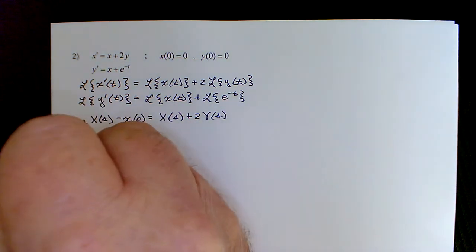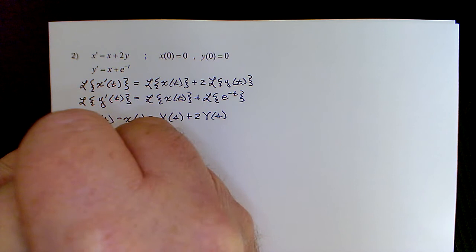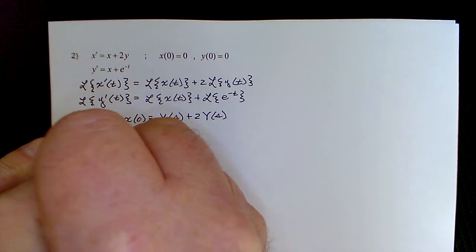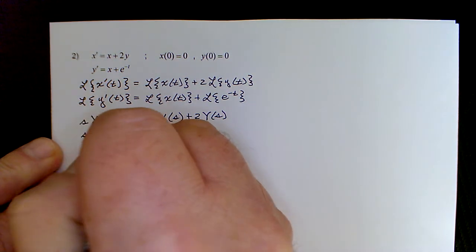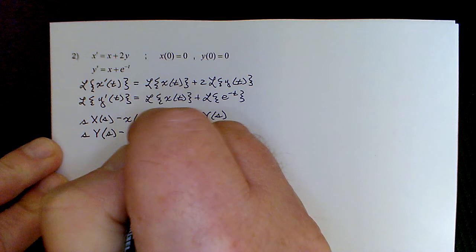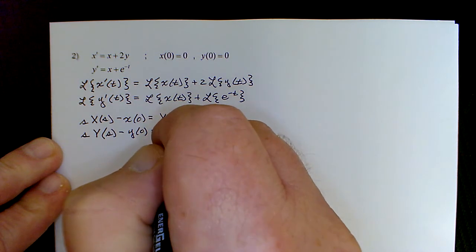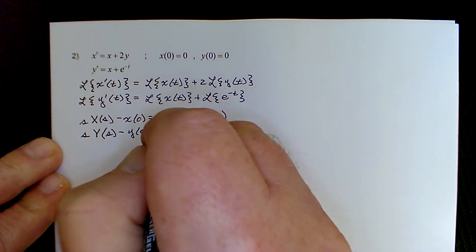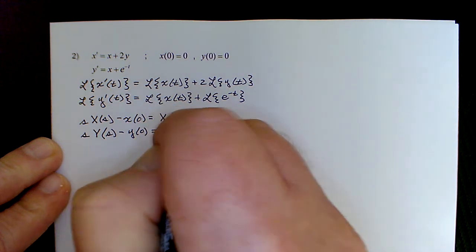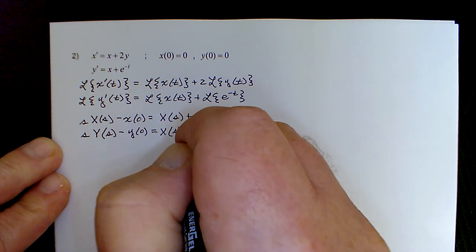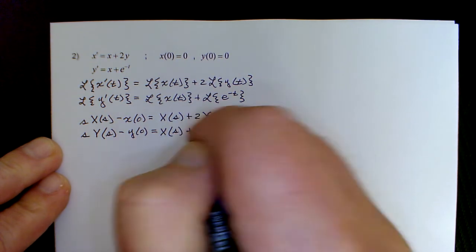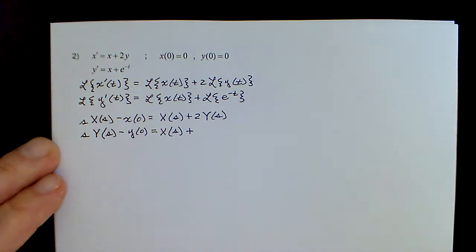And for the second equation, Laplace of y prime of t, s uppercase Y of s minus y of 0, and that's equal to the Laplace of x of t, which is X of s, and then plus the Laplace of e to the negative t.